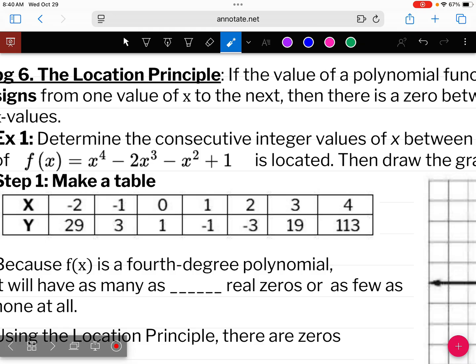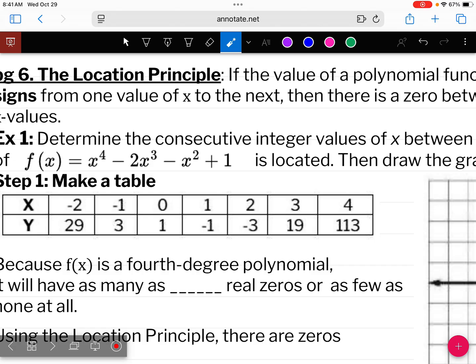If it changes signs, so if we have like a -1 that goes to a +2, somewhere between these 2 points, I have to go through my x-axis. I have to. So there will be a root between them if I have a positive value and a negative value.